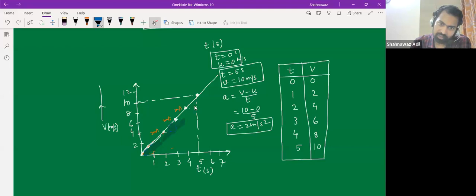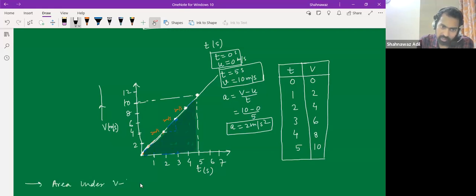Okay, so we just discussed the area of the graph. Whenever we have a velocity time graph, the area under the velocity time graph gives distance, right?